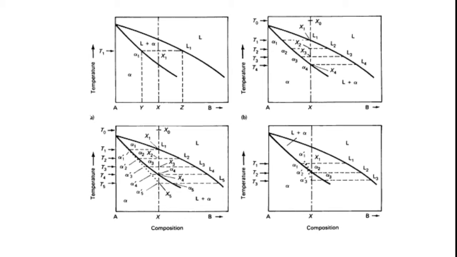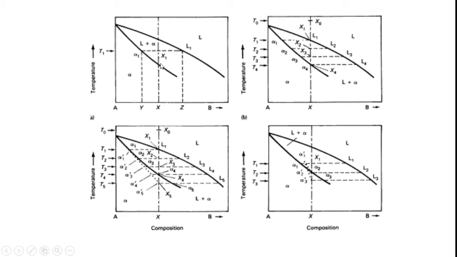Next, the lever rule plays a vital role in the phase diagram. What is the lever rule? In the previous video I also discussed the phase rule in thermodynamic concepts. According to this diagram, there are tie lines, horizontal lines and vertical lines. The tie line is the bold line, which is represented as the tie line.